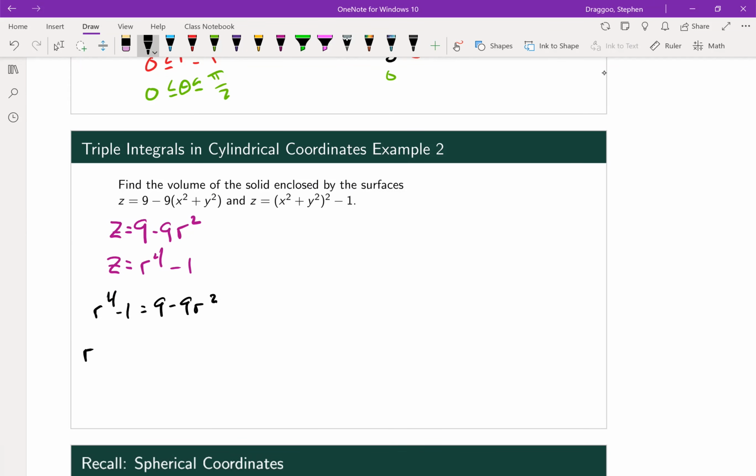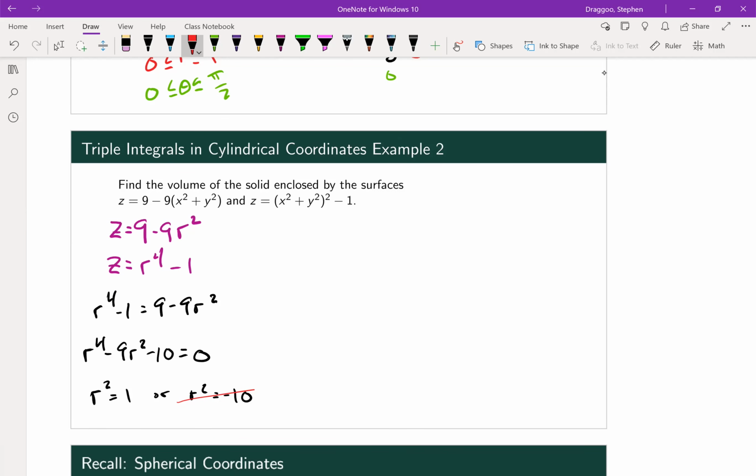So we'll have r to the 4th plus 9r squared minus 10 equals 0, which gives us two options, r squared equals 1 or r squared equals negative 10. r squared can't be a negative number, so that one's out, meaning we just have r equals 1 as our intersection.